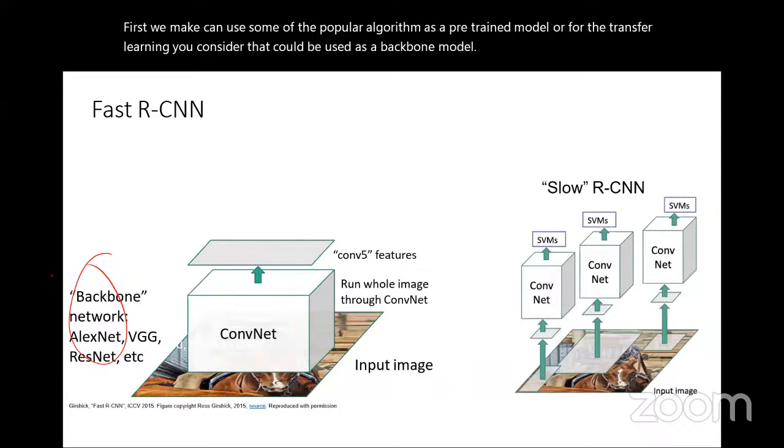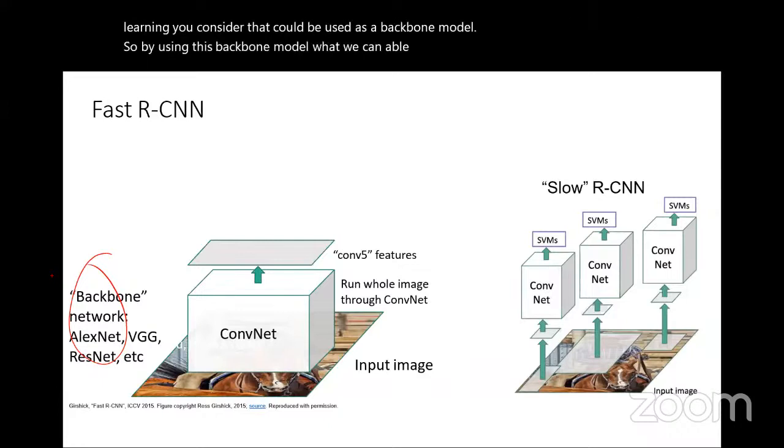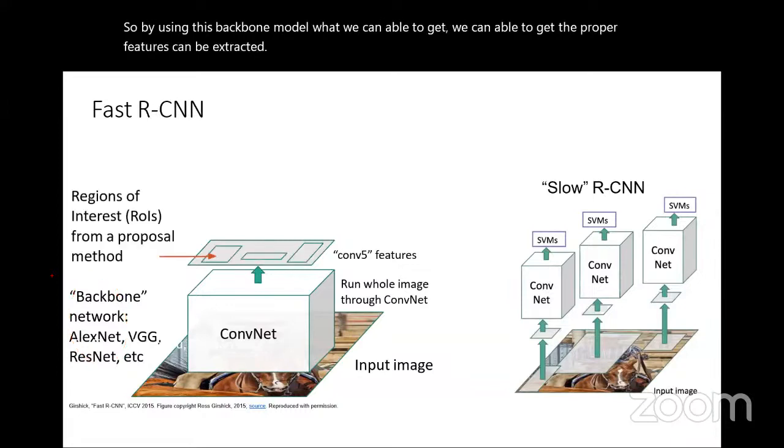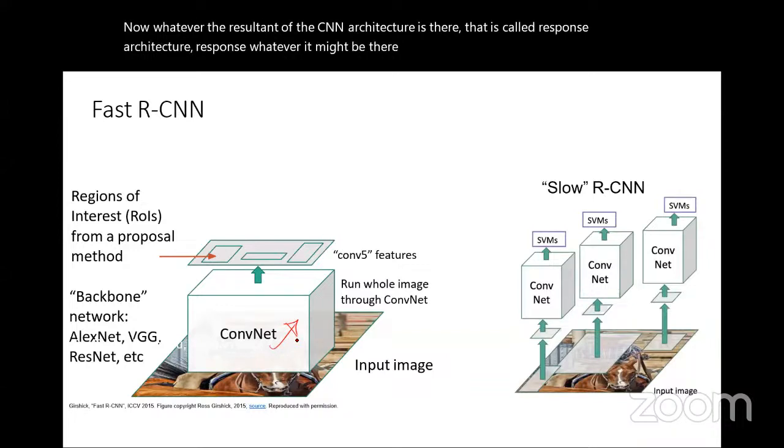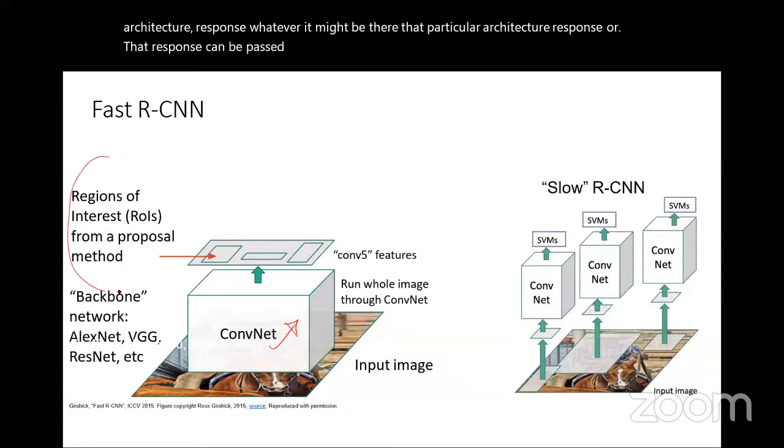By using this backbone model, we are able to extract proper features. Now, the resultant of the CNN architecture, that architecture response, can be passed to the selective search algorithm to get the regions.